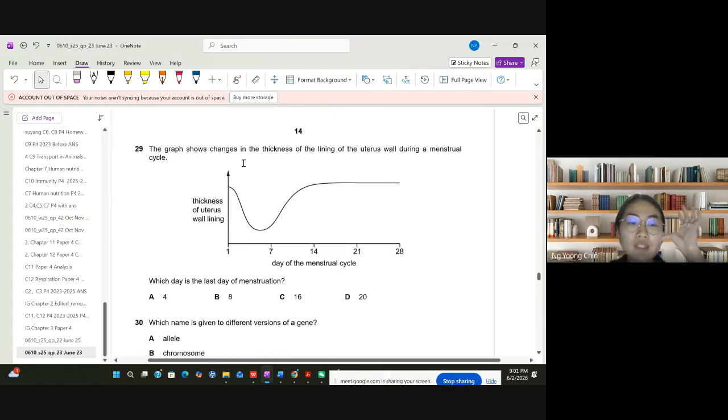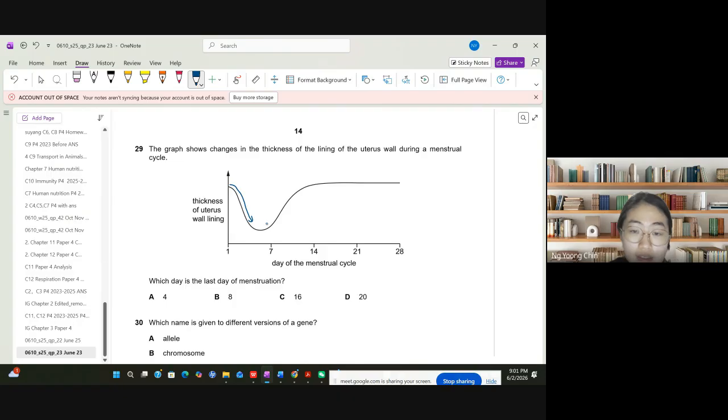Okay, have a try on this one. 29. The graph shows change in the thickness of the lining of the uterus wall during the menstrual cycle. Which date is the last day of menstruation? You should know that. See the thickness of the lining of the uterus wall. You can see the thickness right there reducing. So what happened at this point?